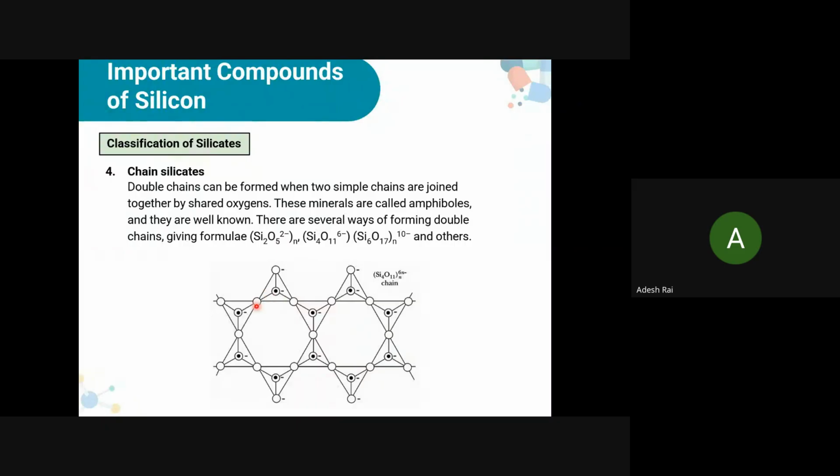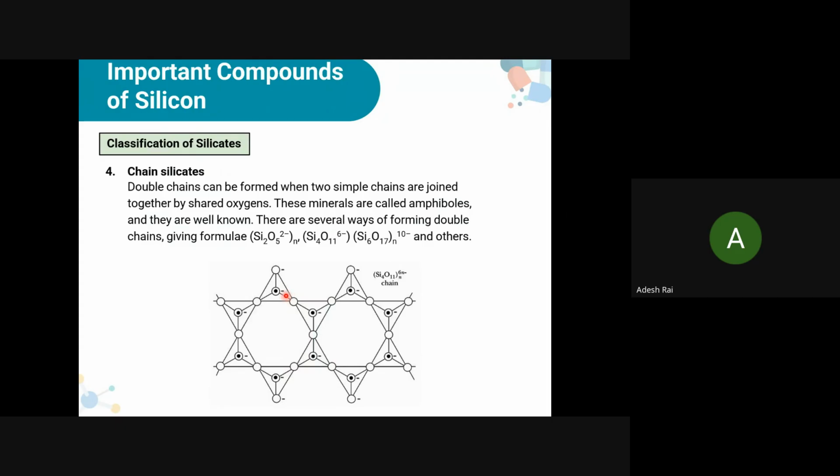One, two, three, four. So if I count the oxygens, how many will be there? One, two, three, four, five, six, seven, eight, nine, 10. But then the oxygen atoms still won't match, if you check.